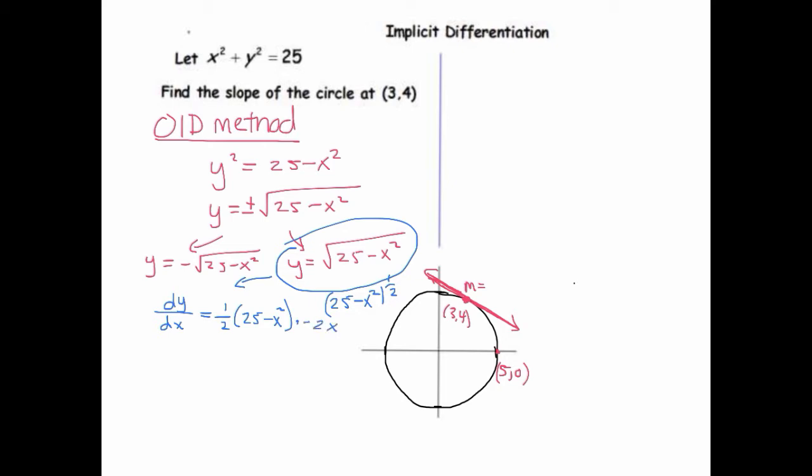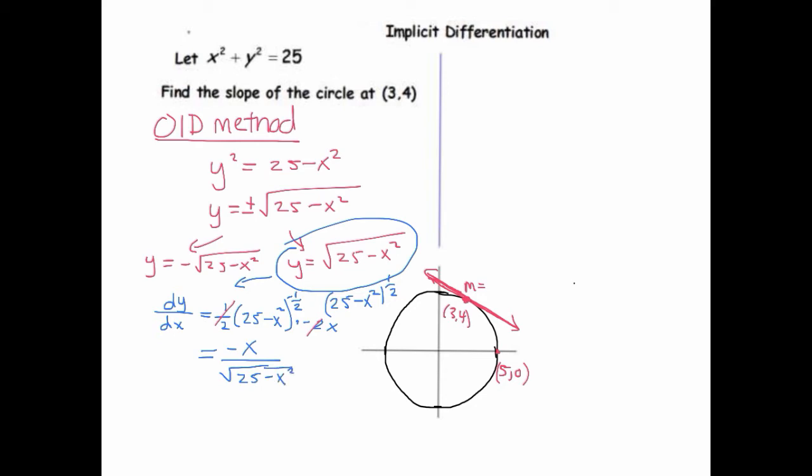Alright, and so then a little cancellation. This 1/2 cancels with the negative 2, and we end up getting, oops, I forgot something. I forgot to diminish the power up here. That should be to the negative 1/2, right? I have to subtract 1 after I do that. So when I rewrite this, I can express it as negative x divided by the square root of 25 minus x squared.